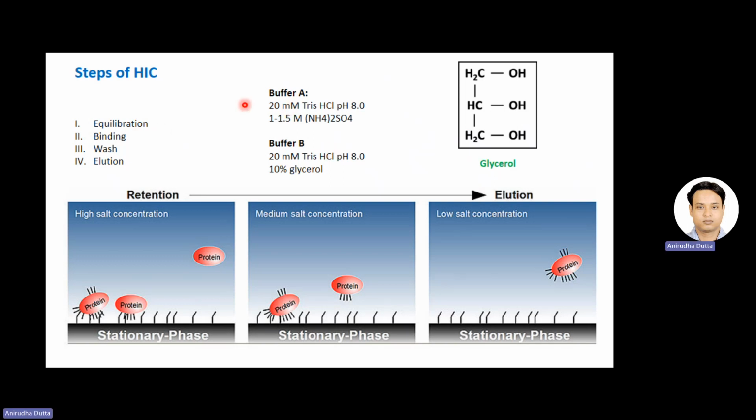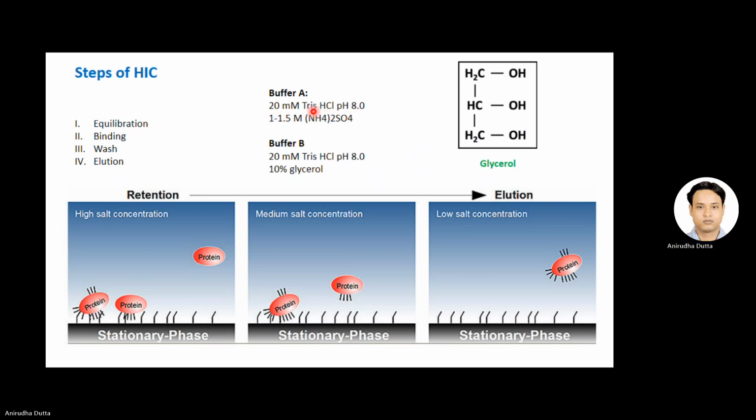So the binding buffer would be maybe 20 millimolar Tris-HCl, pH 8. That changes with your preference. This is not hard and fast; depending on your protein or requirement, you can change the buffer and pH. But the thing you have to keep is 1 to 1.5 molar ammonium sulfate salt there. That salt would enhance the hydrophobic interaction.